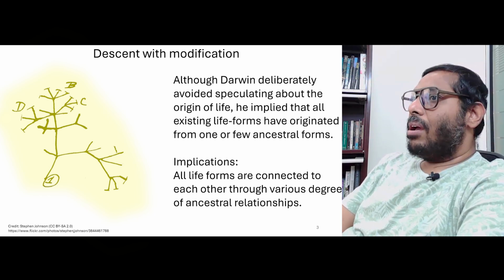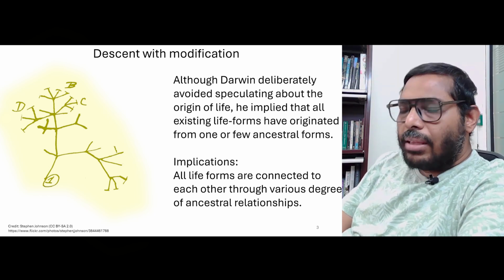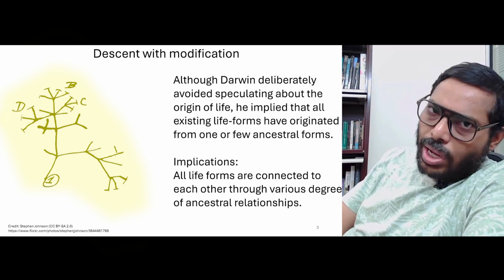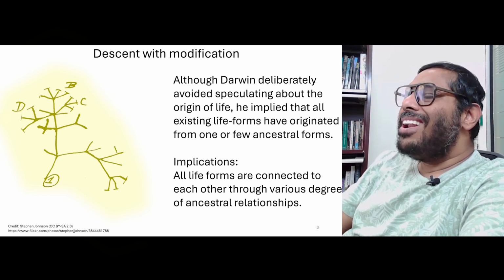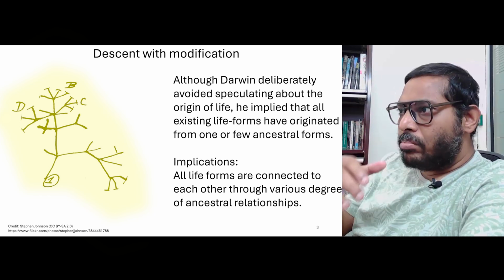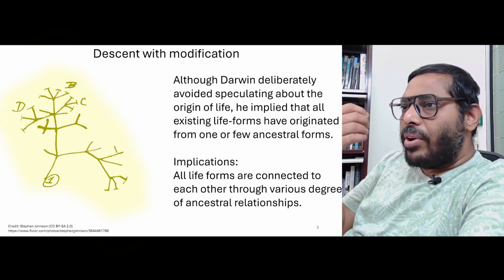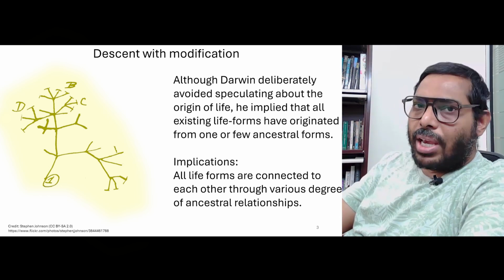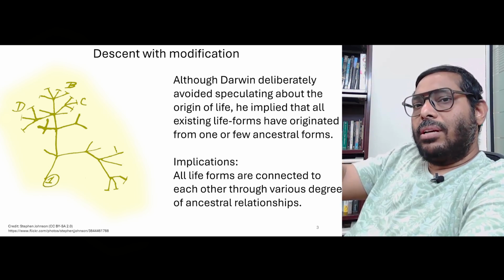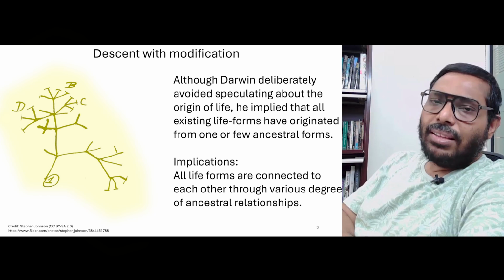He essentially implies that existing life forms have originated from one or very few ancestral forms, without necessarily talking about how the origin happened. Some people have even argued that Darwin was perfectly okay with the origin of life being an act of God. But what he said is that once you have the origin, then the rest of the biodiversity has been formed by a process like this.